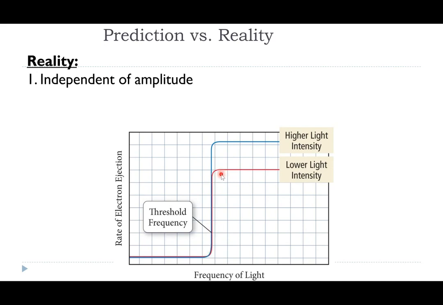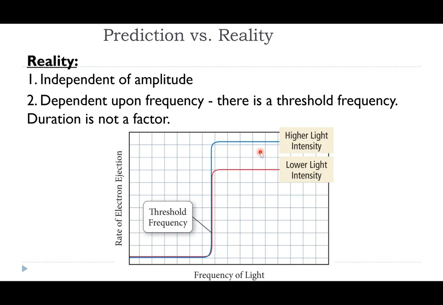Okay? So I could tap it and have all the electrons come off. I could hit it really, really hard and still all the electrons are coming off. So it's independent of amplitude. It doesn't matter how hard you hit it. What it does depend on is frequency. Are you using the correct bat, essentially?